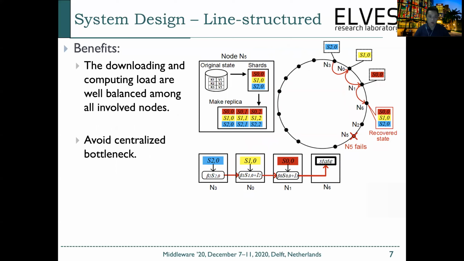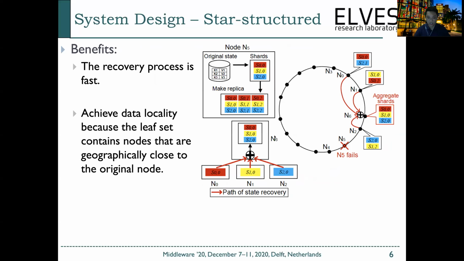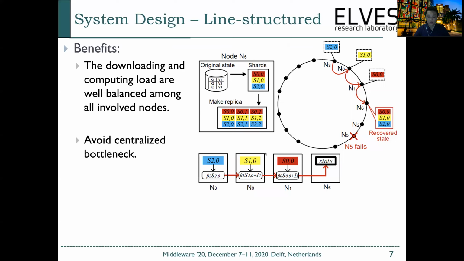The second structure we are presenting is the line structure recovery. Going back to the previous star structure, if you notice, we actually have a central point here, so it's hard to recover large state using the star structure.